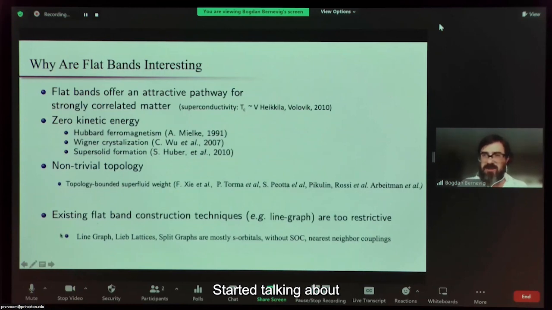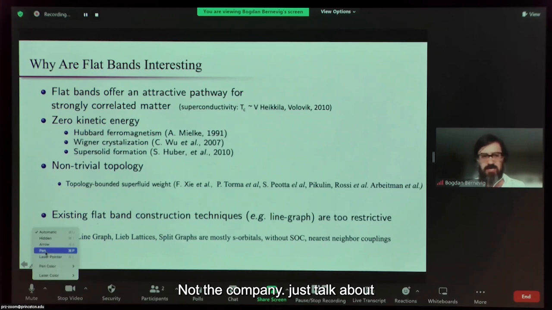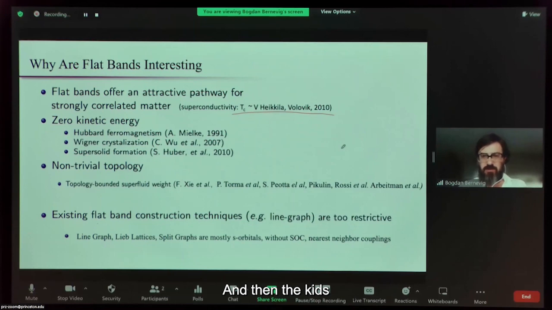Okay, so I kind of don't need to do this introductory slide, an introduction that happens at the school, but I will, because I'm going to emphasize the topological aspect of flat bands. It was basically shown by several people, starting with Päivi Törmä, that the superconducting pairing temperature in flat bands, for example if you have a negative interaction, differs very much from the BCS exponential form, and it's basically proportional to the interaction.